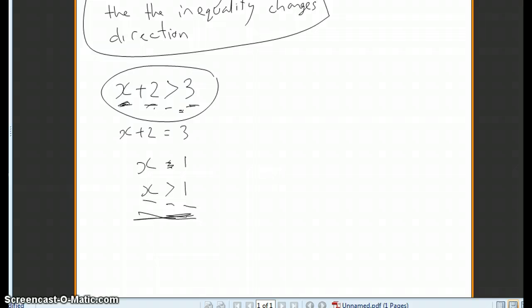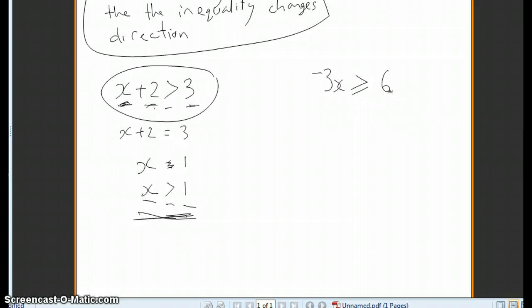Now let me show you an example of how the inequality sign changes if I divide by a negative. I'm looking at question 4 on page 62, and it reads like this: negative 3x is greater than or equal to 6. That's the question.